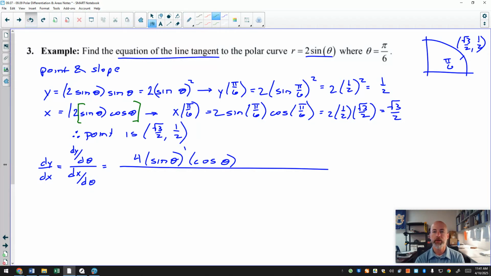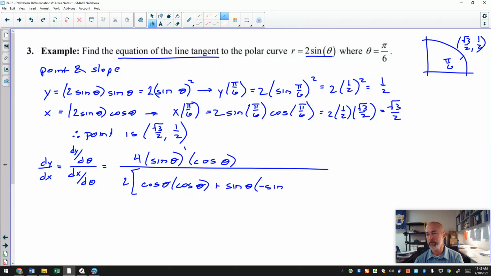So I'll have 2 times, and now my product rule, the derivative of sine theta is cosine theta times cosine theta, plus, now I will leave the sine theta alone, times the derivative of cosine theta, which is negative sine theta.